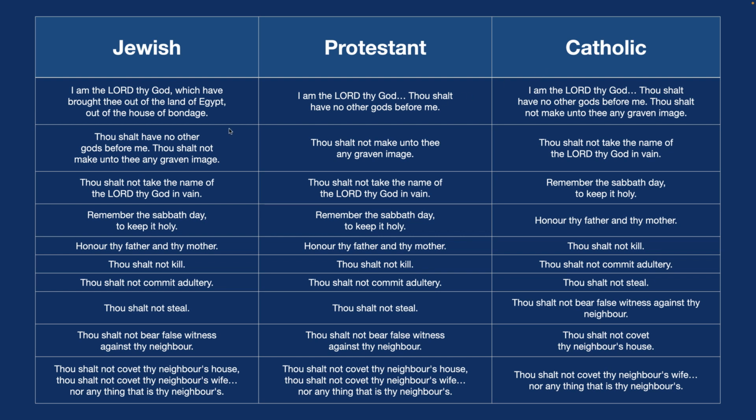Why? Because it doesn't look like a commandment for them. Whereas in the Jewish tradition, the first commandment, it doesn't even look like a commandment. It says, I am the Lord thy God, which has brought thee out of the land of Egypt, out of the house of bondage. That's the first commandment. It's not a commandment. It's a first saying.